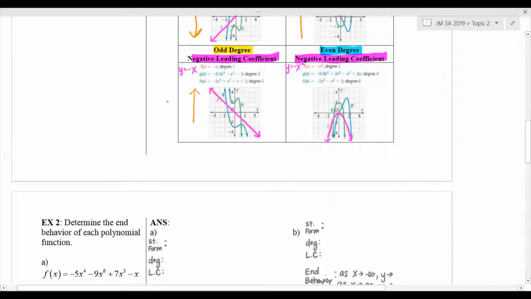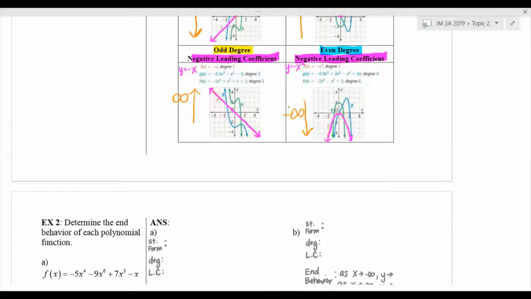And so that means that the end behavior is going to be approaching infinity. So the values are getting larger on the left, versus if I have an even degree with a negative leading coefficient, all of the graphs are pointing down on the left, which means the end behavior as x approaches negative infinity is that y is also approaching negative infinity.